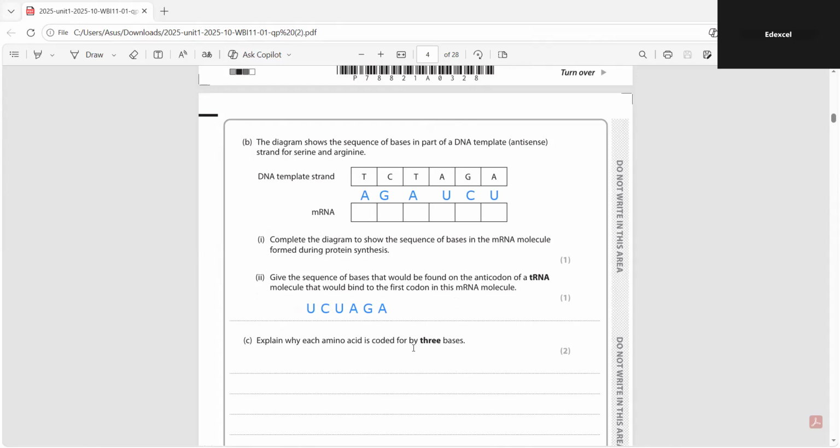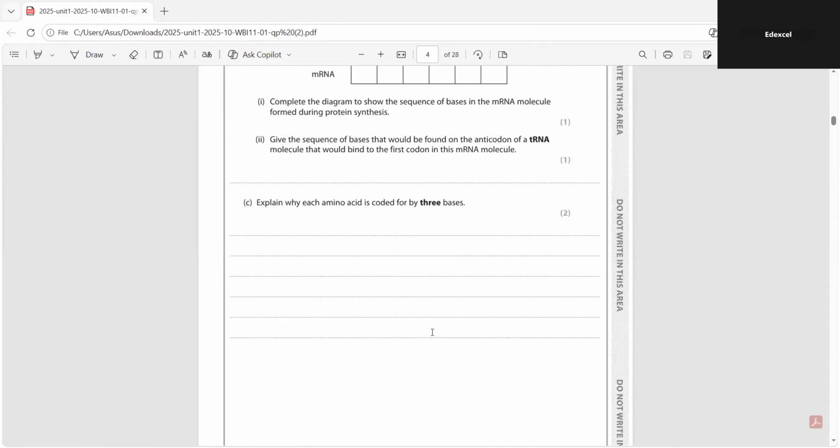So let's see the next question. Explain why each amino acid is coded by 3 bases. So what is the reason for that? Normally we have 3 bases which code for the amino acids, right? But they are asking why. What is the reason?